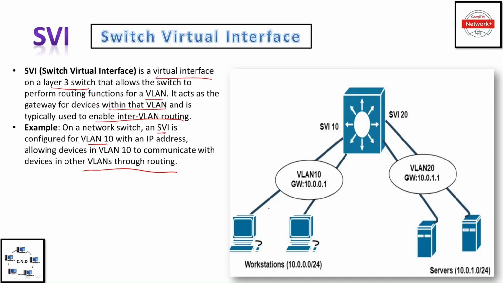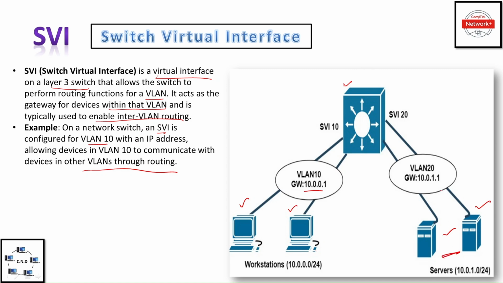So here we can see that we have this VLAN 10. These devices are in VLAN 10, and on this switch we configure an SVI of 10.0.0.1. So these devices can communicate using this IP address as their gateway. Let's suppose there are other devices in different VLANs.